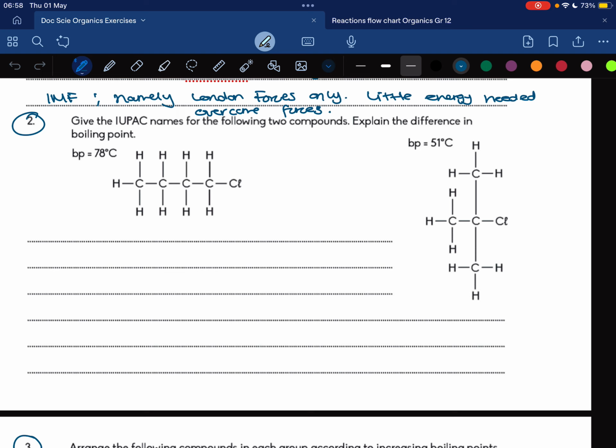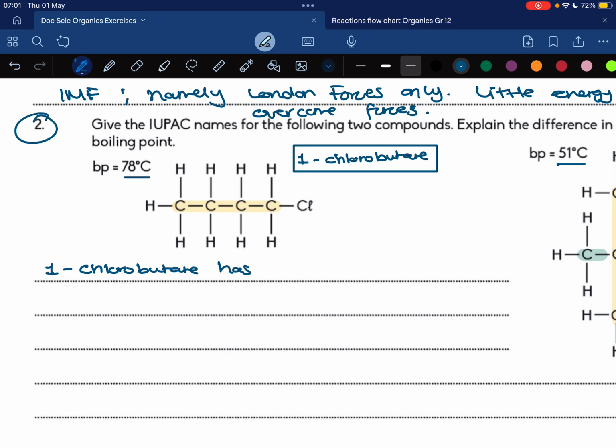So we'll start by saying that 1-chlorobutane has London forces, right? Because they all have London forces. But because it is a haloalkane, it also contains dipole-dipole forces.